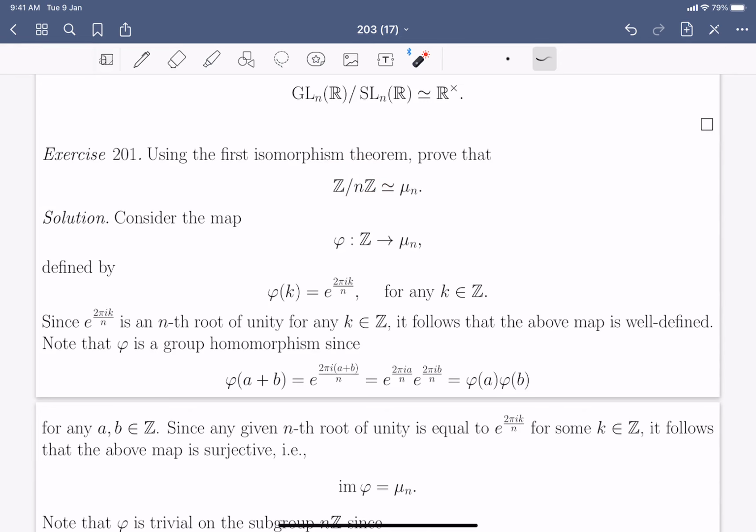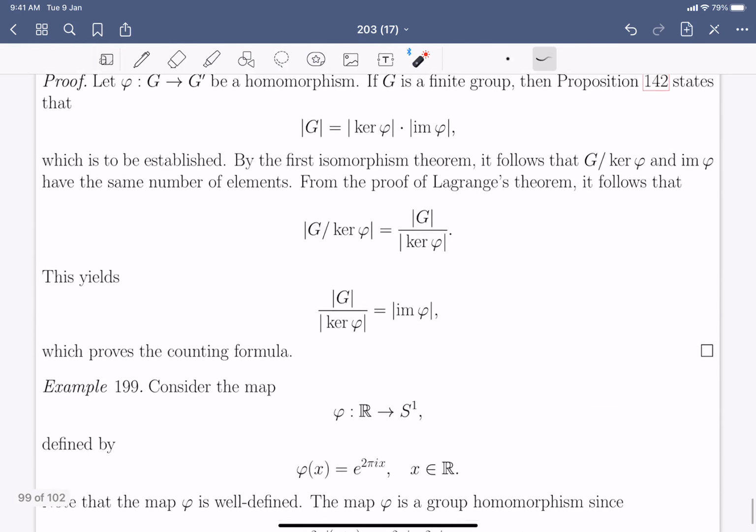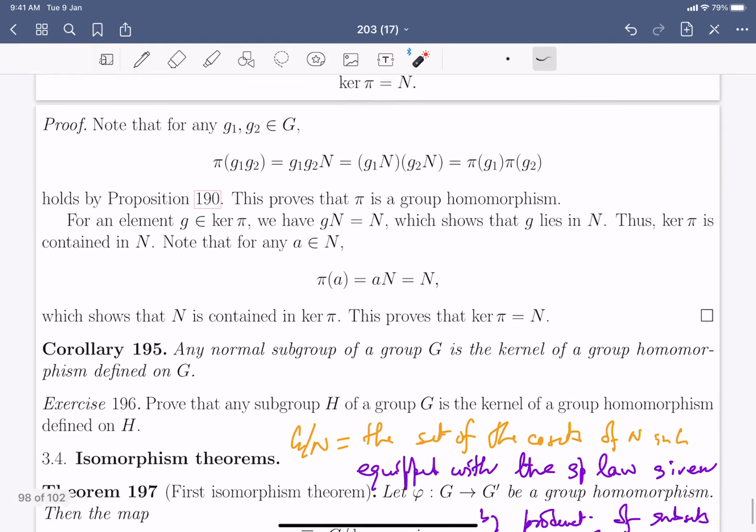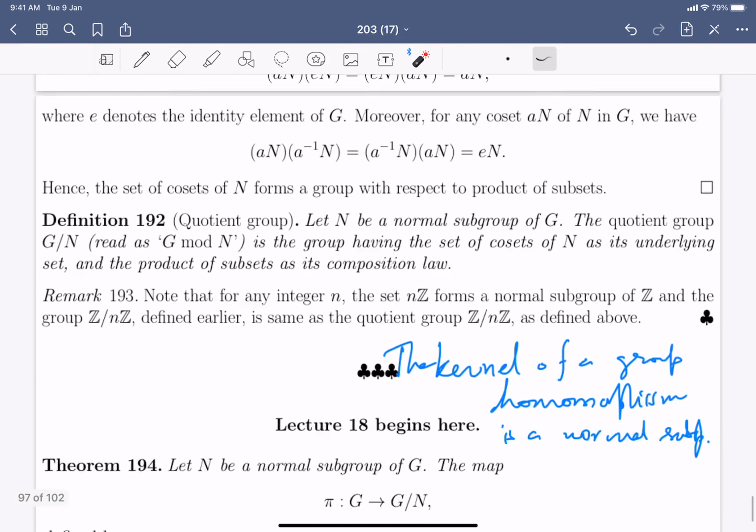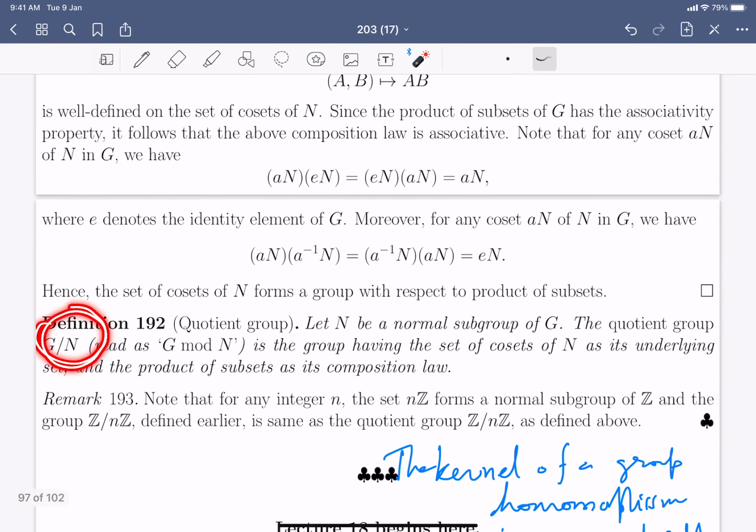First, the obvious way, as we defined Z mod nZ a couple of lectures back, maybe 5 or 6, I don't remember. And the way Z mod nZ should be as per the notation that we introduced in the previous lecture. This remark says that there is no confusion.